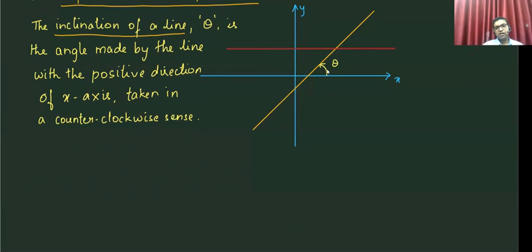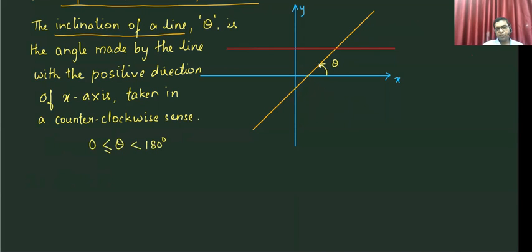It is 0 or 180 because with the x-axis it is making 0 degrees or 180 degrees. So theta varies from 0 to 180 degrees.